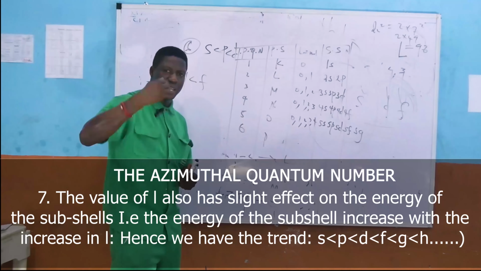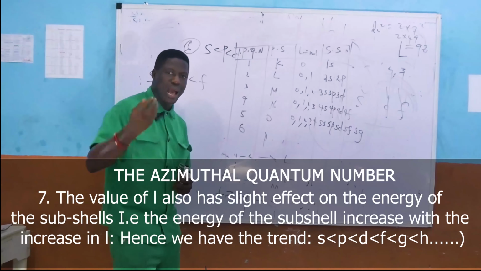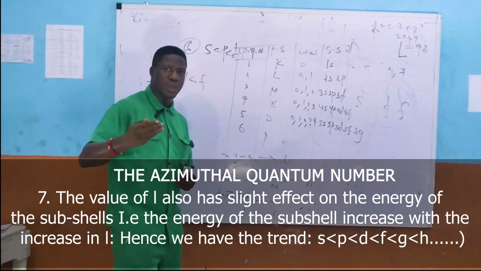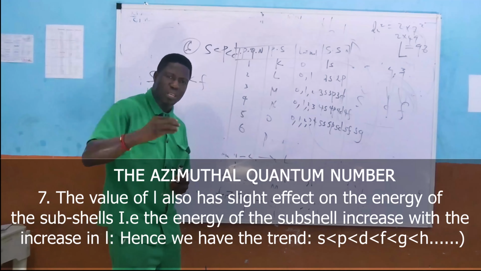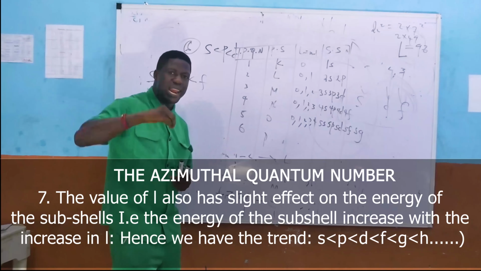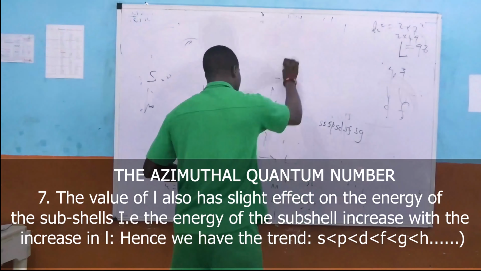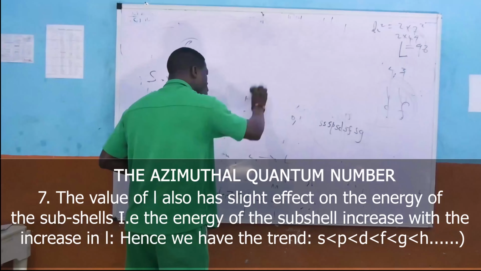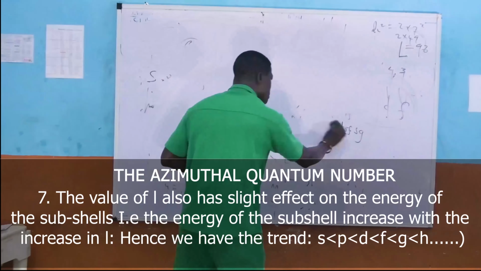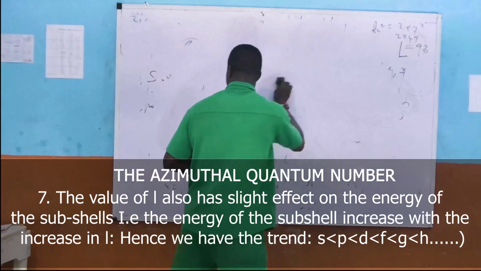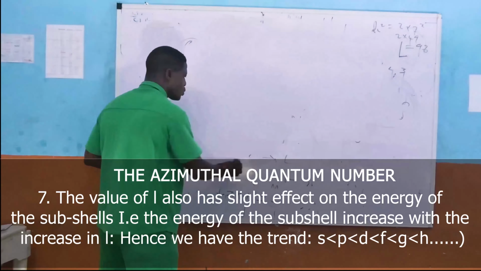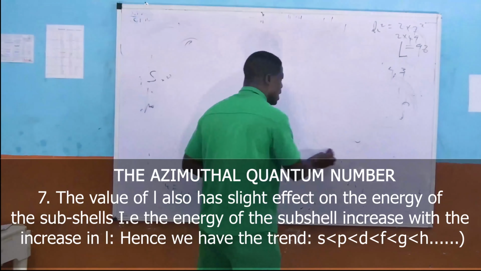The higher the azimuthal quantum number, the higher the energy of the subshell. And the lower the azimuthal quantum number, the lower the energy of the subshell. Please don't confuse this with the role played by the principal quantum number in regards to energy. Take note of that.